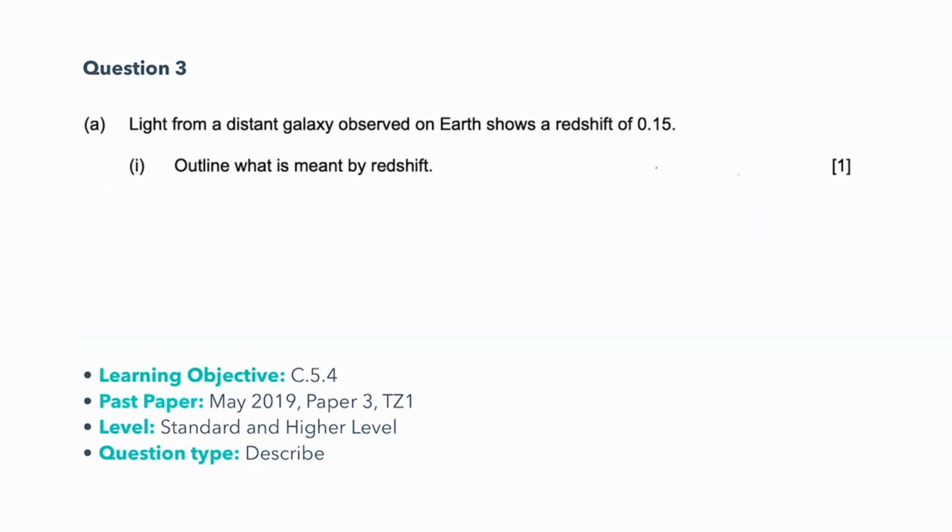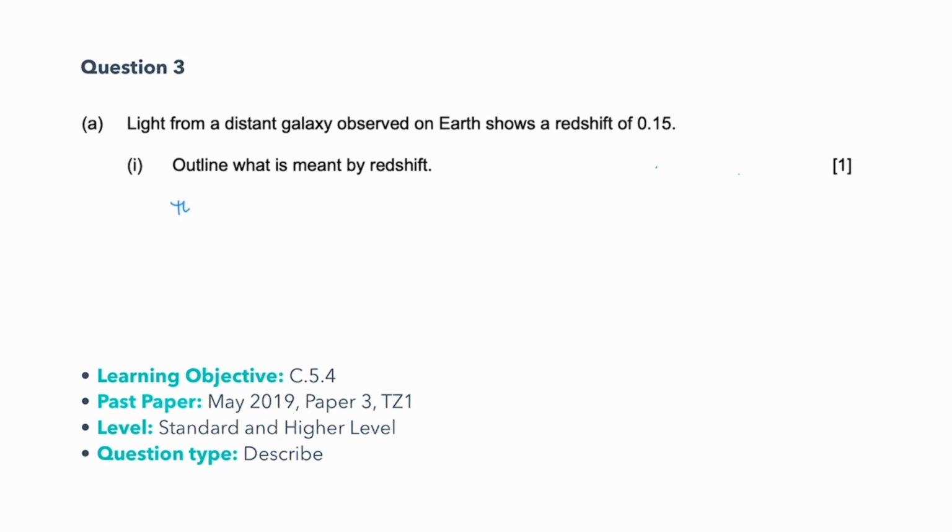Question 3. Light from a distant galaxy observed on Earth shows a redshift of 0.15. Outline what is meant by redshift. Okay, we want to do the Doppler effect, but we want to do it in the context of electromagnetic radiation and the galaxy. So what we would say is the distant galaxy is moving away from the Earth.